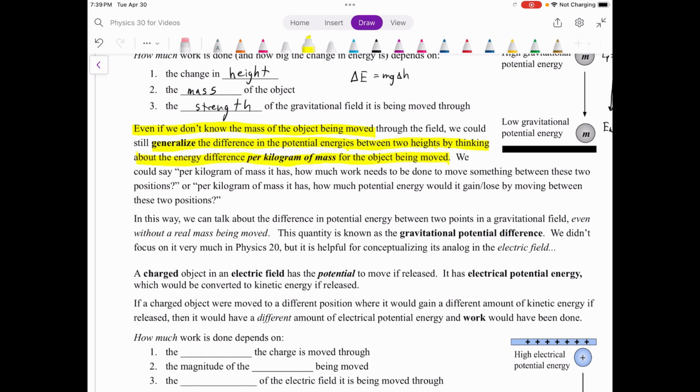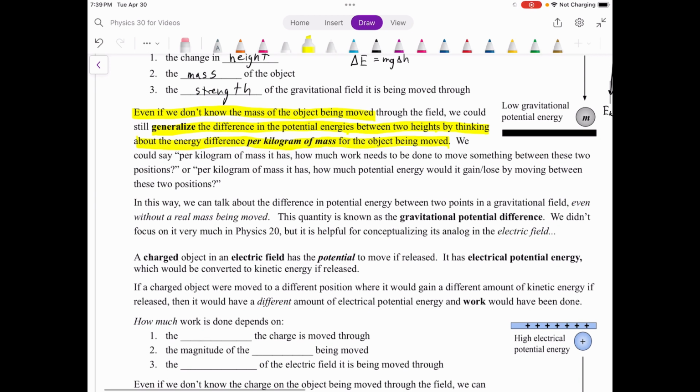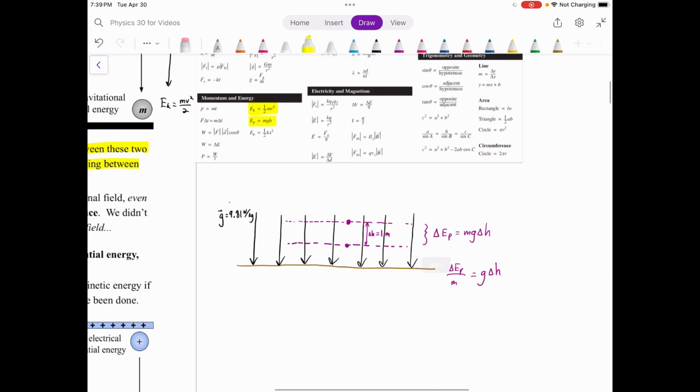What we're essentially saying there is per kilogram of mass that it has, how much work, how much change in energy needs to happen to move something between these two positions? Again, per kilogram of mass that it has, how much potential energy would it gain or lose by moving between these two positions? And that's what we're saying here.